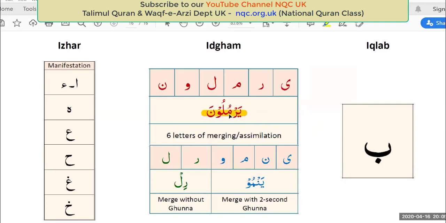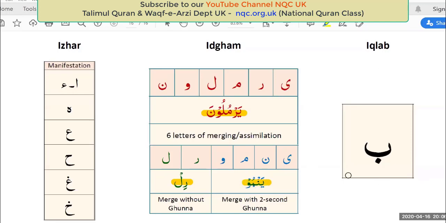However, there are 2 types of idgham, which were already mentioned by the TA as well: idgham kamil and naqis. Kamil is performed on ra and lam with no nasal sound, and naqis is performed on ya, noon, mim, and waw, and there is nasal sound.